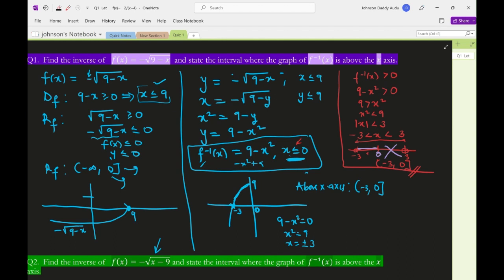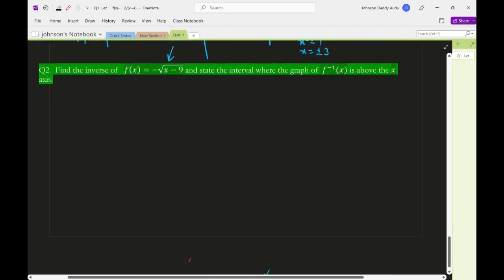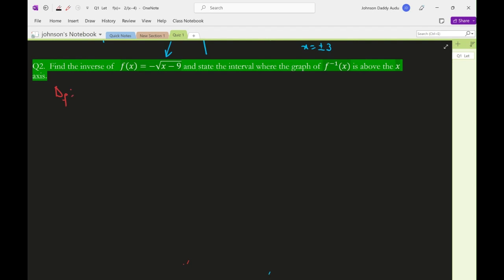Okay, now let's go to the second question, which is a similar problem. What only changes here is our function. So we'll start in the same manner. We find the domain of f. What is the domain of f? We want x minus 9 to be greater than or equal to 0. And this means that x is greater than or equal to 9.